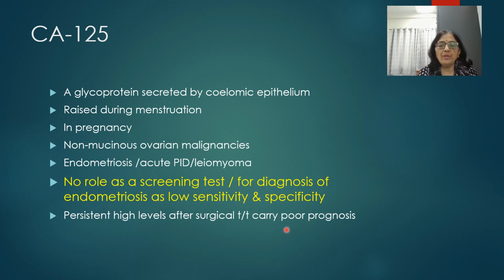So that much of the value is there for CA-125. But diagnostic value is not there, and that is why if you are asked whether CA-125 is a diagnostic test for endometriosis, your answer should be no.